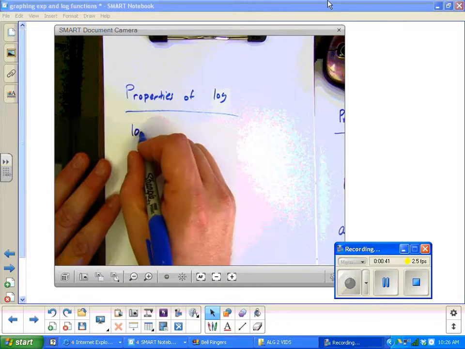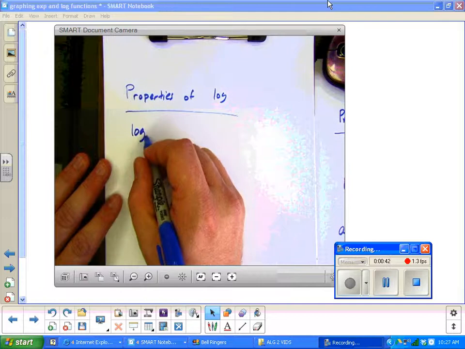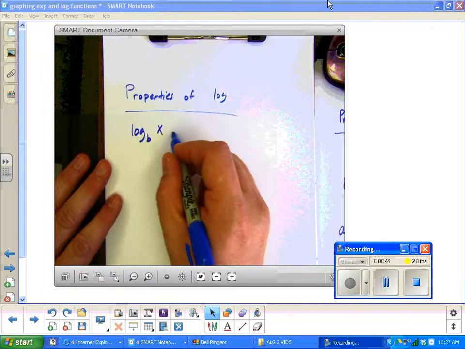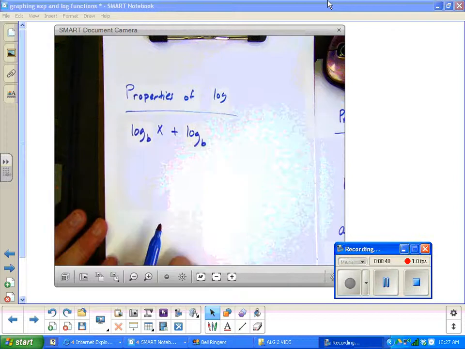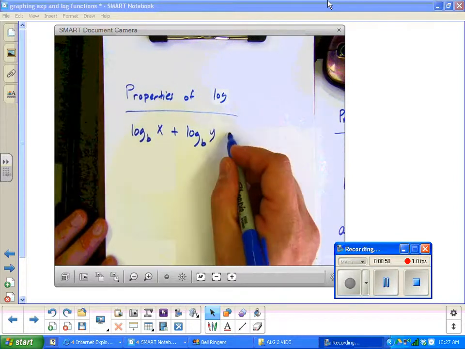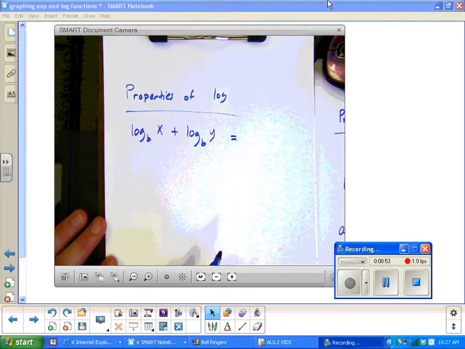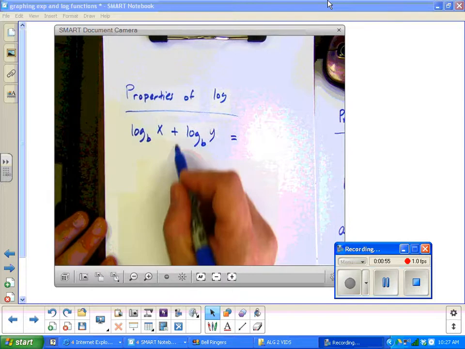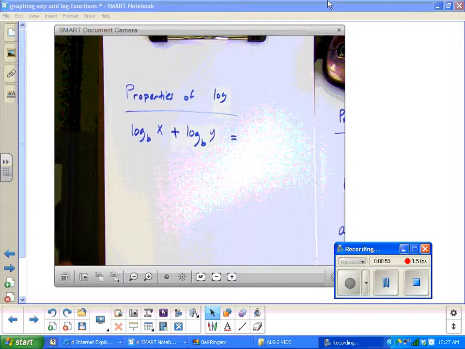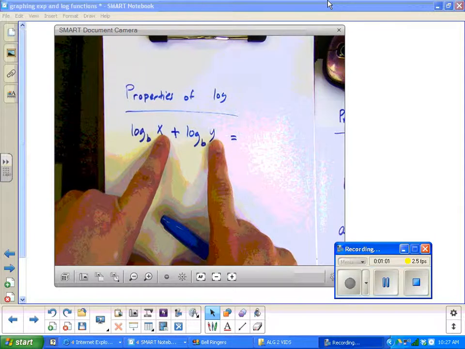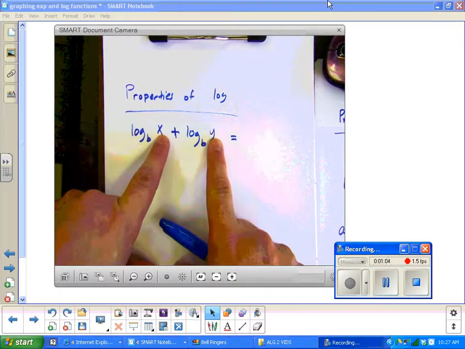The main thing that we use these for is if we have two logarithms that have the same base, like both of these have the same base of b, we can combine these logarithms. Now, we don't actually add it, but let's see if you can remember from Algebra 2. What do you actually do with the two logarithm values?